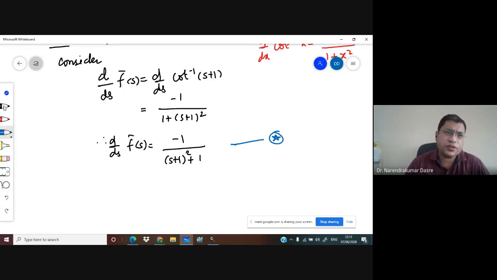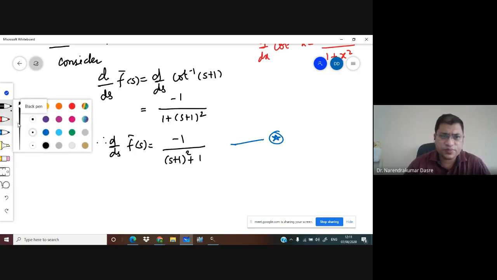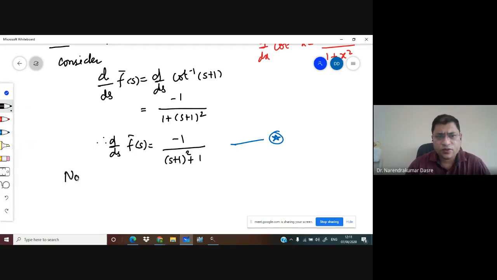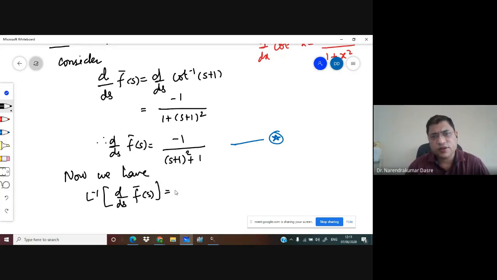Now we have to consider the inverse Laplace transform of this derivative. So now we have inverse Laplace transform of d by ds of f bar of s, and that is equal to Laplace inverse of minus 1 upon (s plus 1) bracket square plus 1.